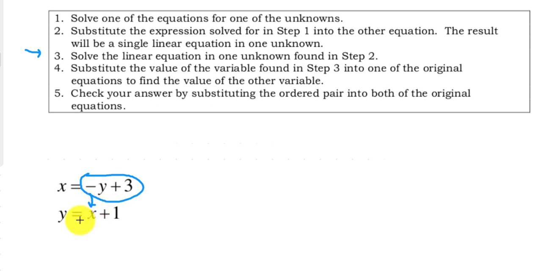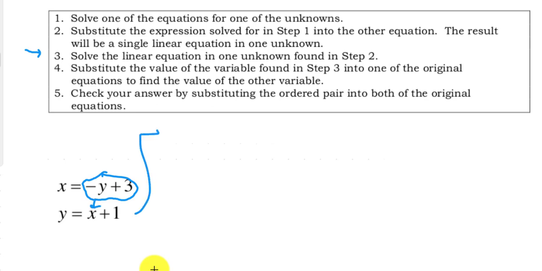Or, since I know y equals x plus 1, I could substitute x plus 1 into y. Either way will work, but I'm going to say x equals everything I've just circled, and I'm going to replace x in the bottom equation with it.